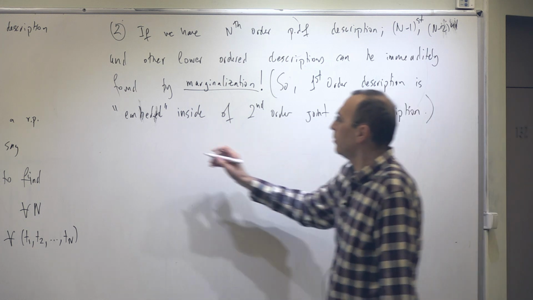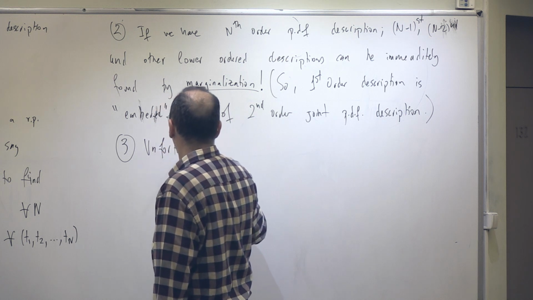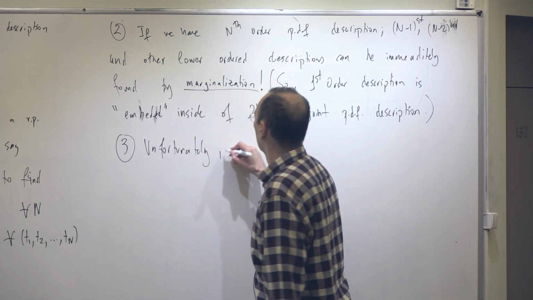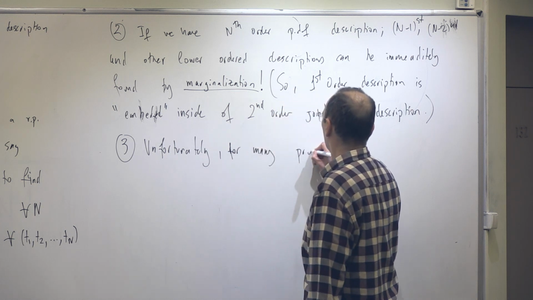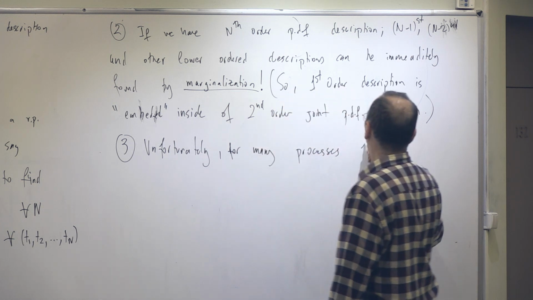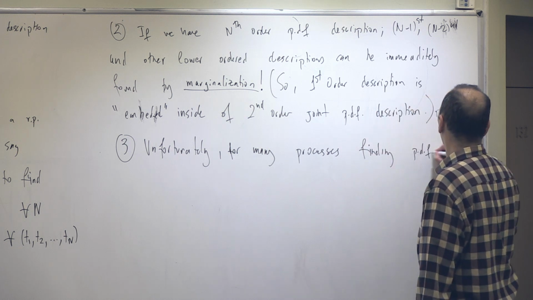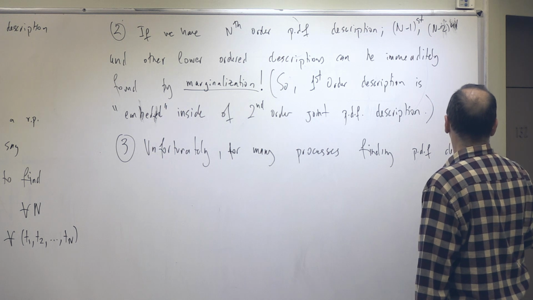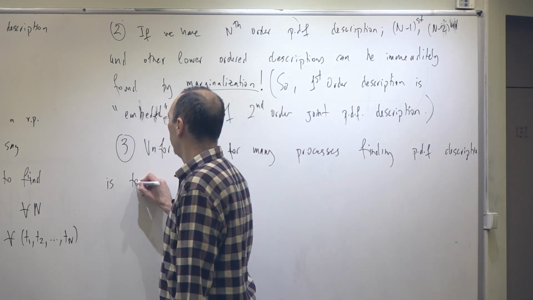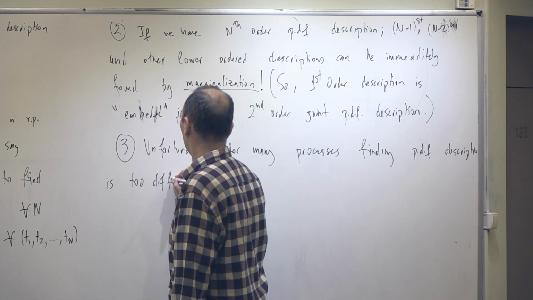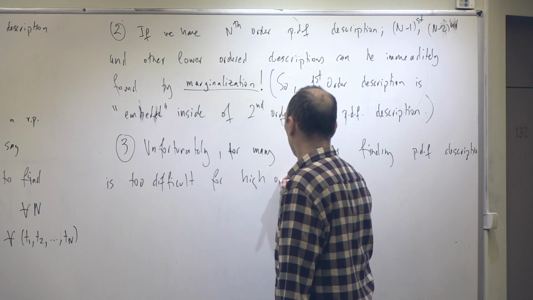So what else? Number 3. Unfortunately, for many processes, finding p.d.f description is too difficult for high orders.